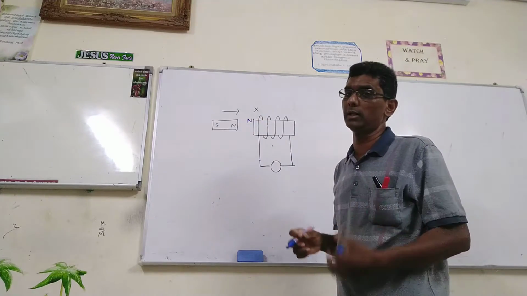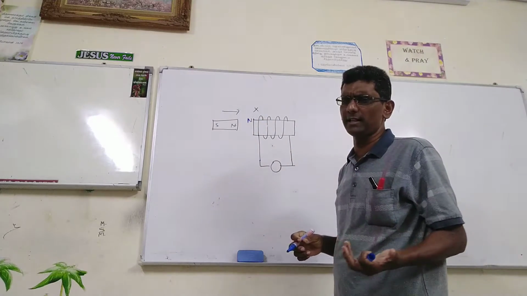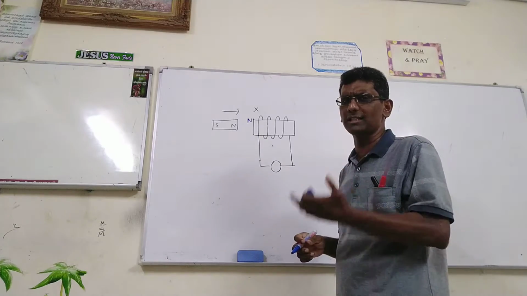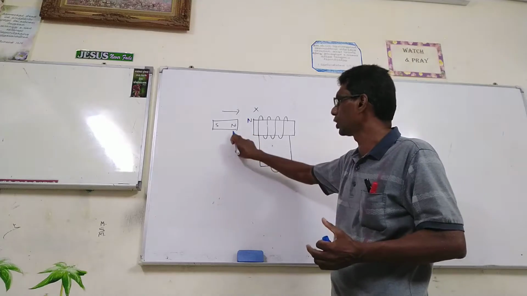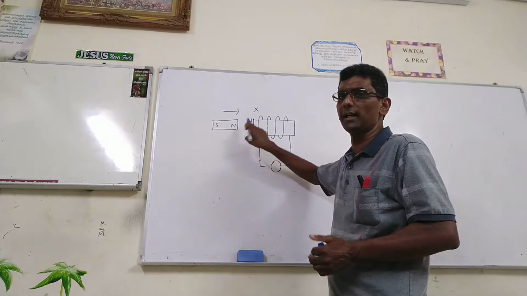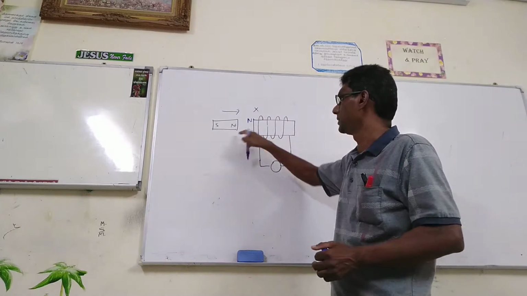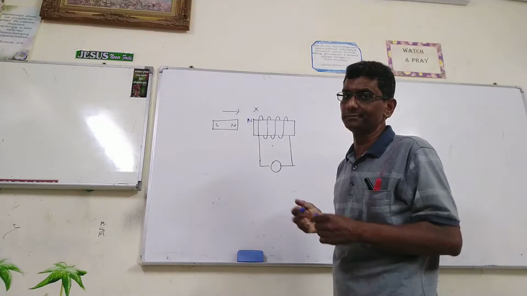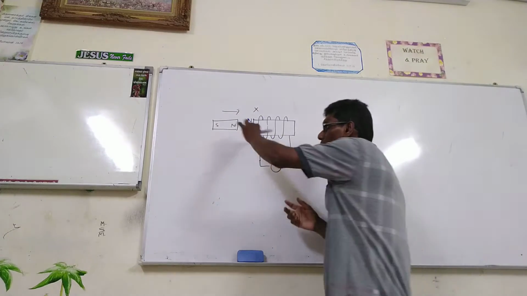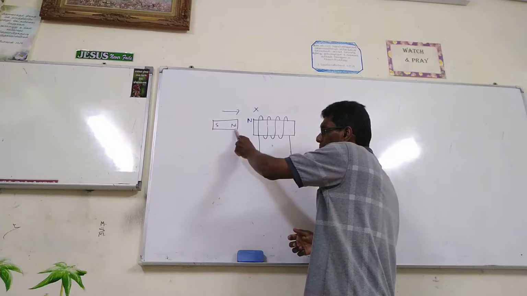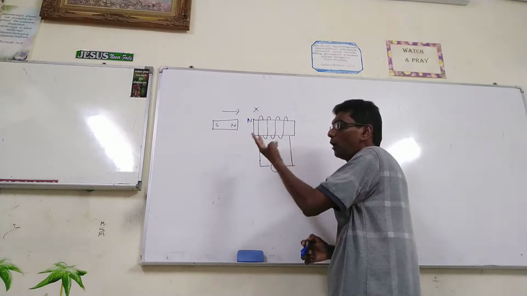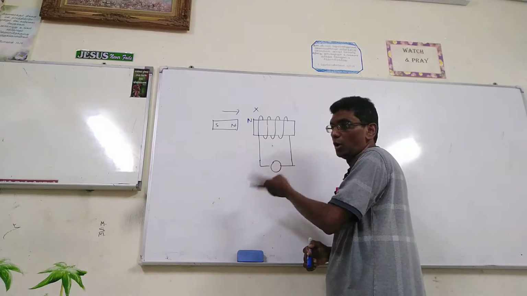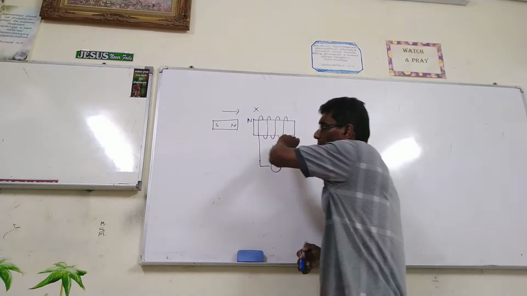So we learn Lenz's law. Lenz's law states that the induced current flows in such a direction as to oppose the change that produces it. So north and north, they oppose. So when you pull out the magnet, north pole and south pole. When you pull out the magnet, the poles are opposite.